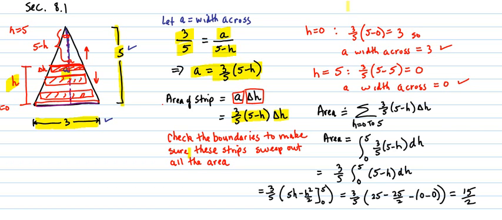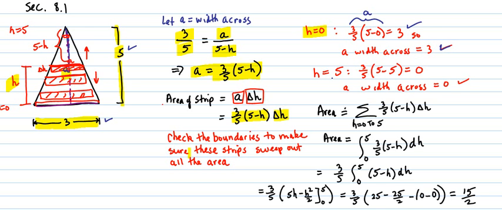So over here, at h equals 0, 3/5 of 5 minus 0, that's the A part. Checks out that it's 3. So there really is a width across at the bottom of 3.